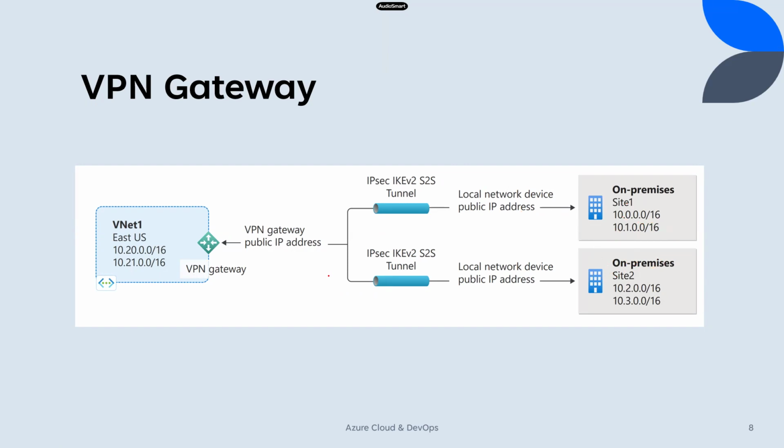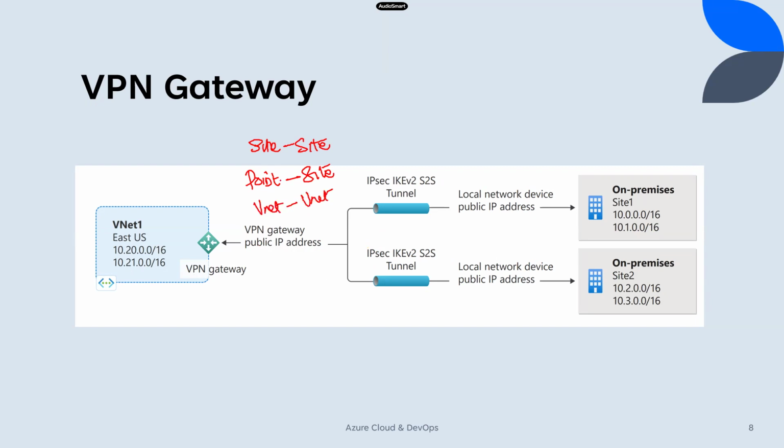It is an encrypted connection, similar to ExpressRoute, and it enables us to connect in different ways, like site to site, which means two sites will be connected. There are different types of connection: site to site, then point to site, and VNet to VNet.